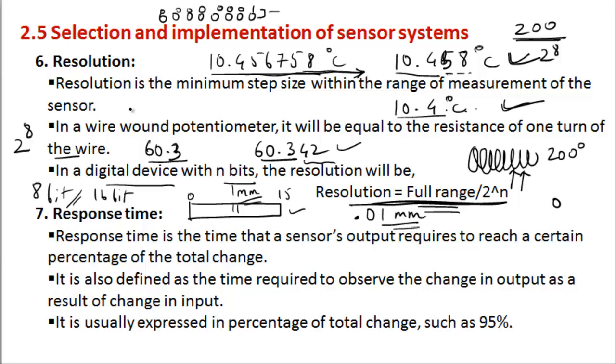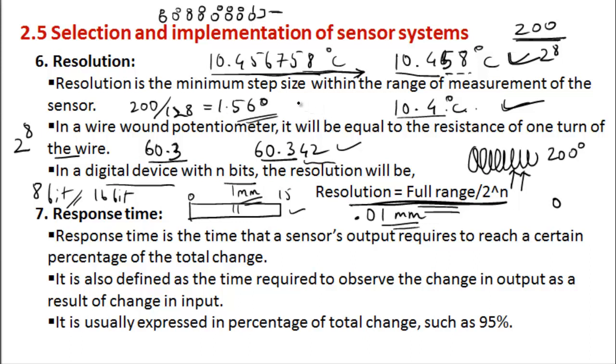What is the accuracy, not accuracy, sorry, resolution? That means the minimum one step can be represented by how much? 200 divided by 128 will be 1.56 degrees. The least count that it can have is 1.56 degrees.